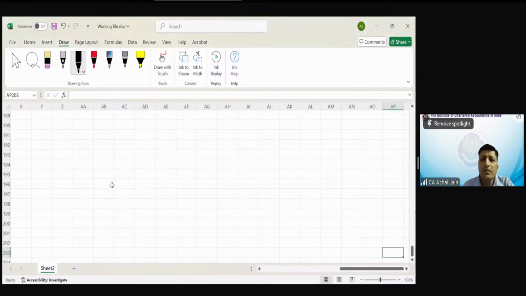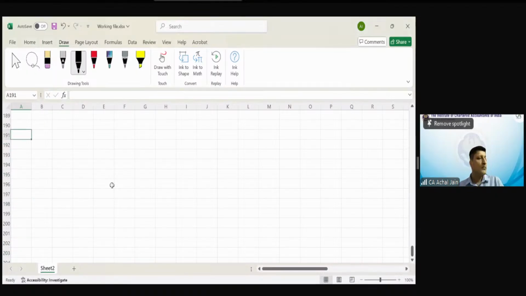All right, so though the time is not much, what we can do is pick up this next item. Maybe spend a few minutes on what is required to be done here, and what the audit procedures are going to be, though we will cover this in more detail in the next session.